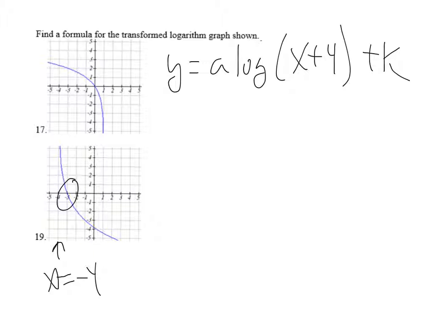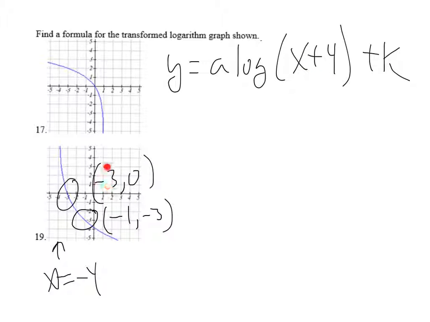Let's see, it crosses the x-axis at negative 3, 0. It crosses through, let's see, I'm suspecting I could use negative 1, negative 3. Let's see what we can do with that. So remember, in order to find out if there's a k, if it's been shifted up or down, I'm trying to make this be the log of 1.